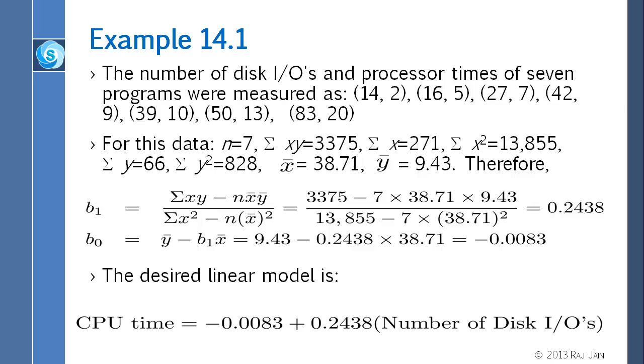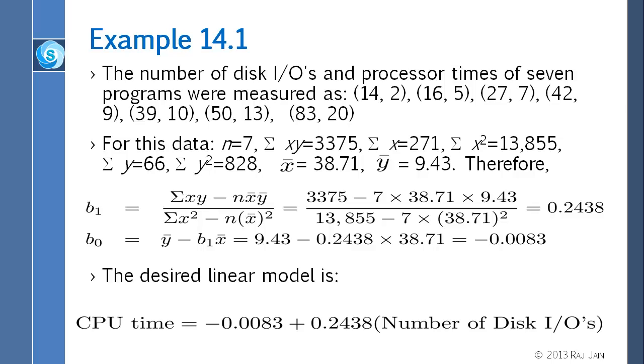So we can take an example. The number of disk IOs and the processor times of 7 programs were measured as 14,2, 16,5, and so on and so forth. So this is the disk IO and this is the processor time. And somebody believes that they are very much related, and therefore you should be able to predict one from the other.